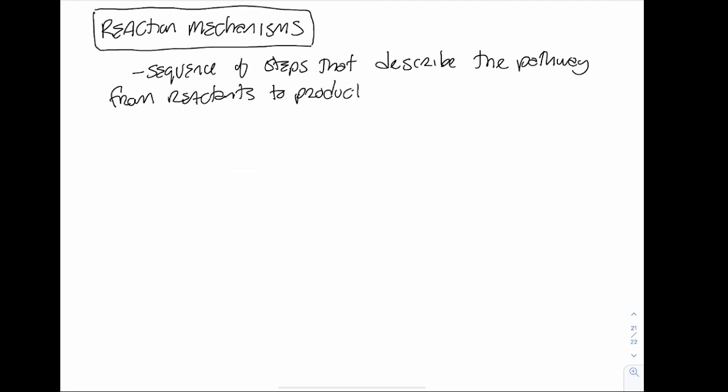So many reactions, when you're given our net chemical equation, that's literally the net. Many reactions don't just take place in one step. You're going to form intermediates, and it's going to take place in more than one step. And I will give us some examples of that in a minute.